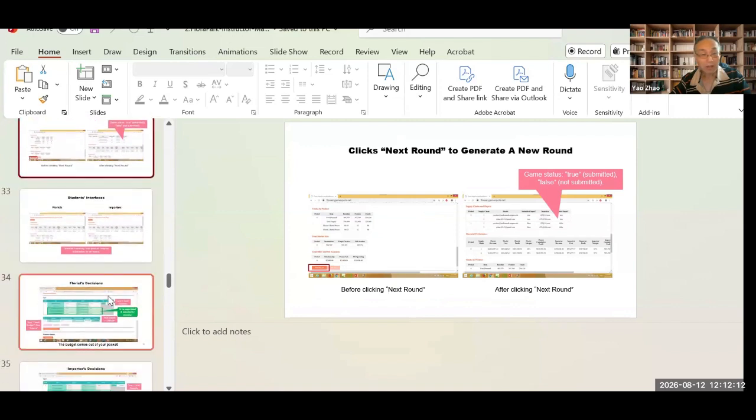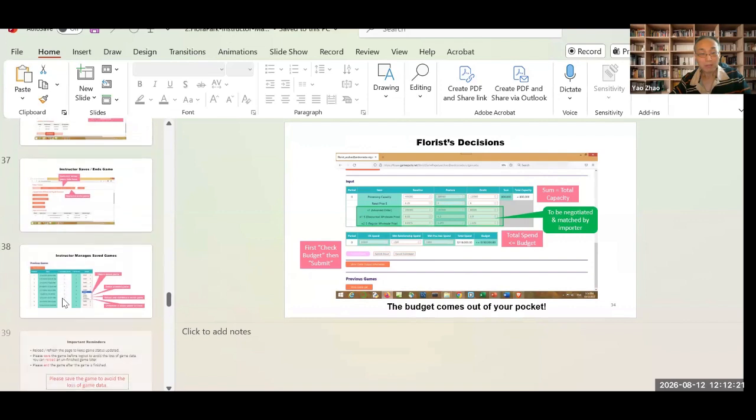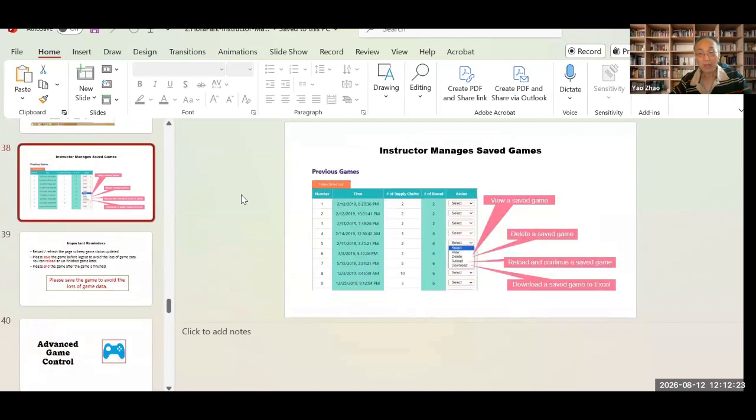And what students are going to see on their dashboard, what decisions they have to make, and how to manage the previous games. You can select them, reload them, or download the data.